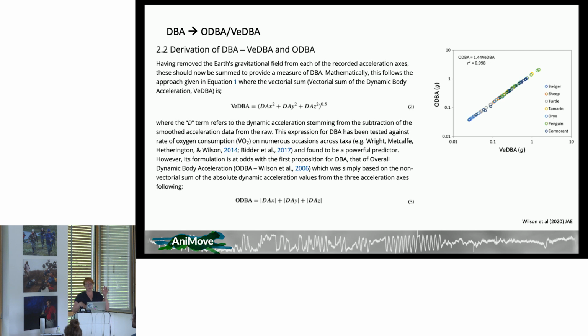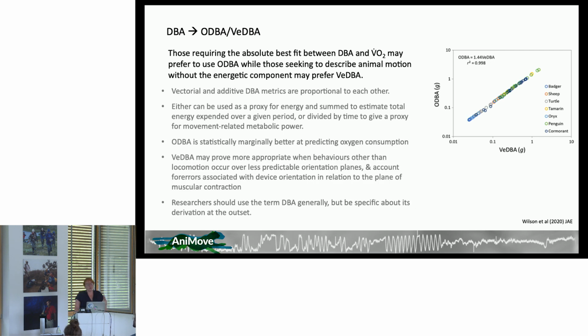But because of the use of VeDBA and ODBA and how they're all kind of related anyway, a new school of thought is coming out that is just use DBA, the dynamic body acceleration, and don't try and sum them with this vector or just absolute values.